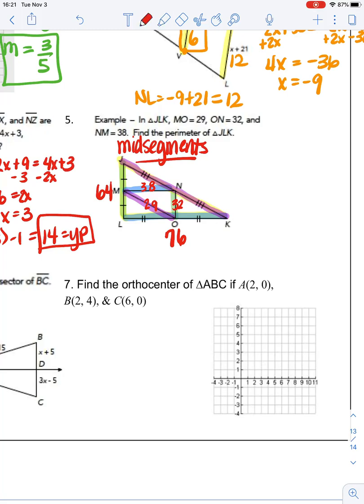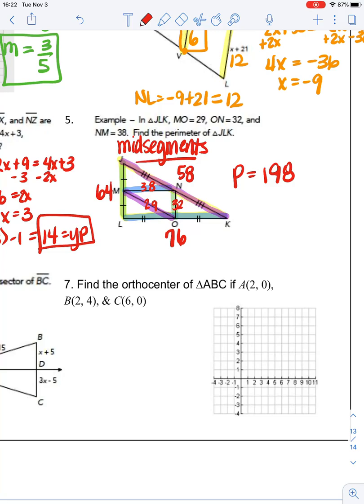So 29 times 2 is 58. So JK is 58. So the perimeter of the big triangle is 64 plus 58 plus 76, which is 198. So the perimeter of the triangle is 198.